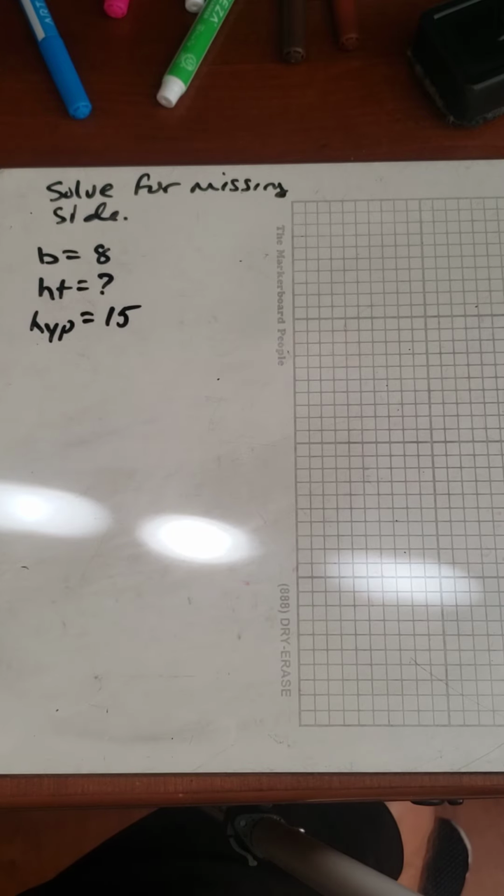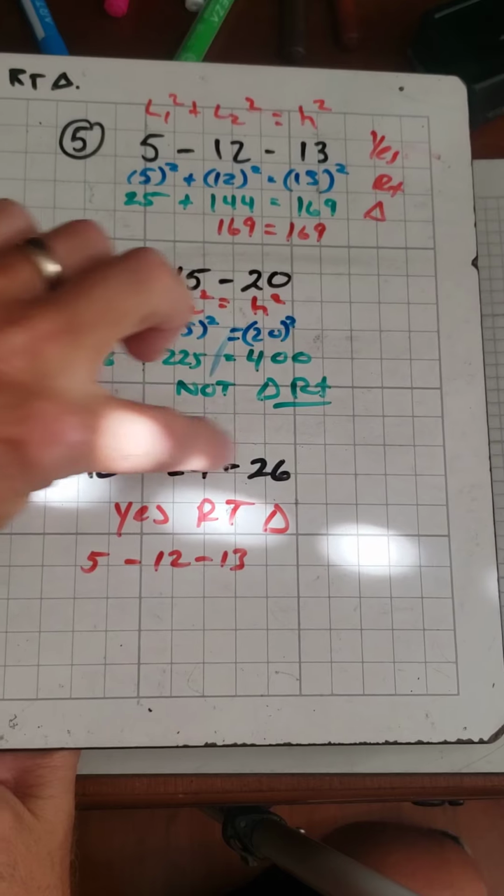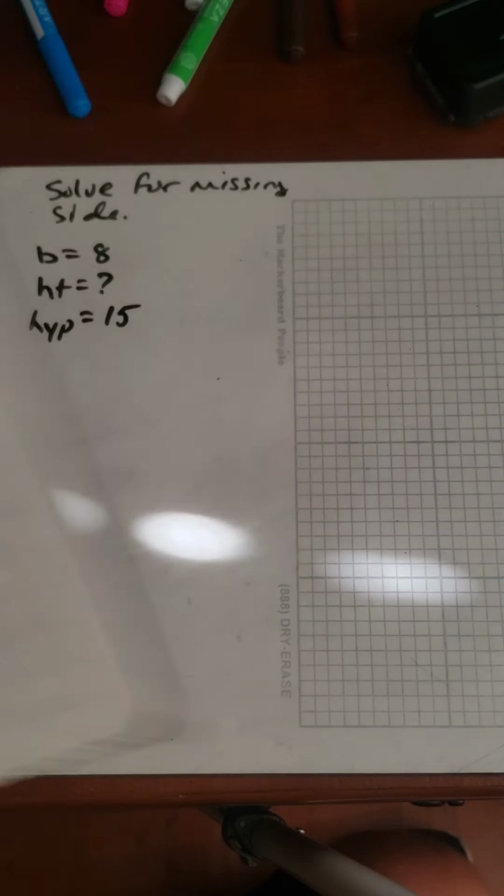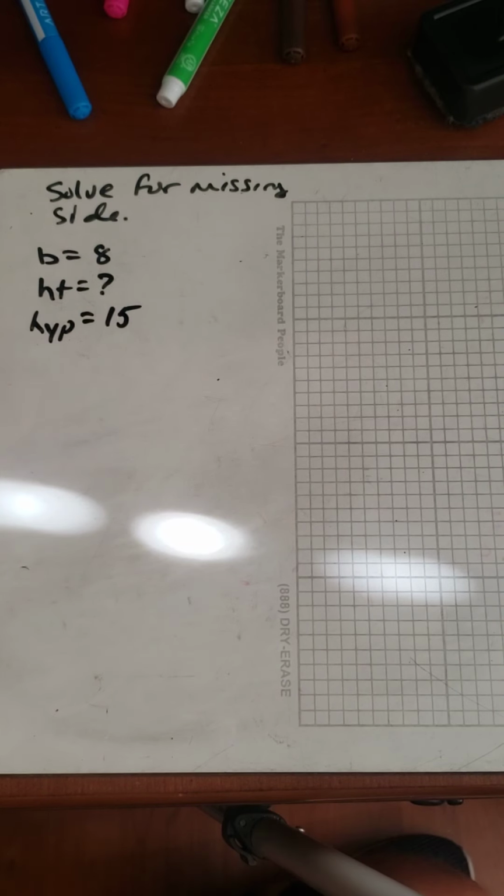When we were doing these a second ago, I was given 3 lengths and I was trying to figure out, does that make a right triangle? Here, I'm given 2 lengths and I need to calculate what the height needs to be in order to make this a right triangle. So I know for sure it's going to be a right triangle. I have to figure out how high it needs to be.